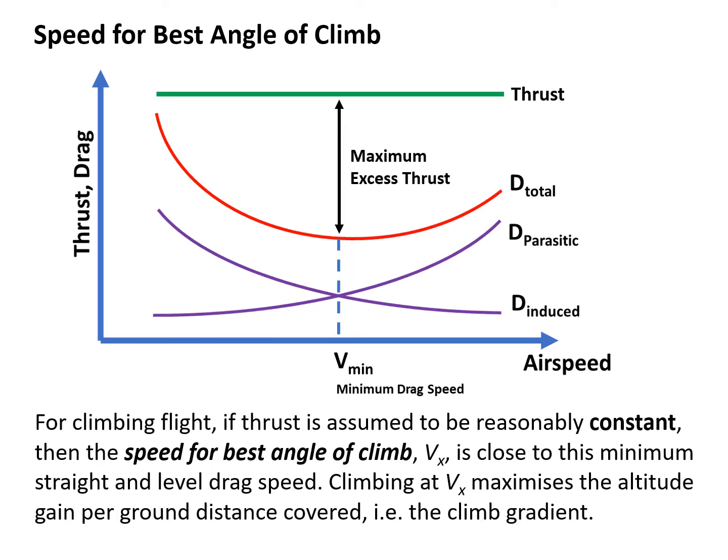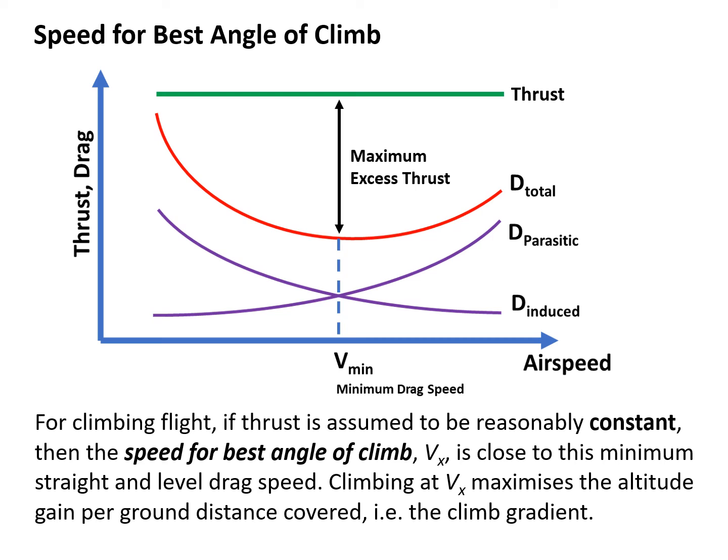And we know the thrust, in reality, decreases with airspeed. But now let's assume the thrust is constant. When we discuss the climb rate, we want to know the climb angle, and just now we derived that the climb angle is determined by the excess thrust ratio, that's T minus D divided by W. So we want to maximize T minus D. If that's larger, then the climb angle can be steeper.